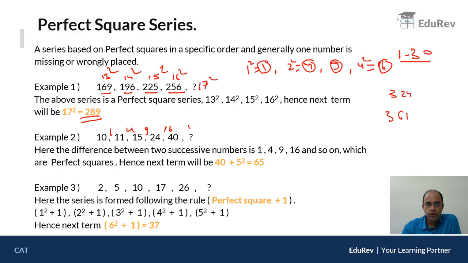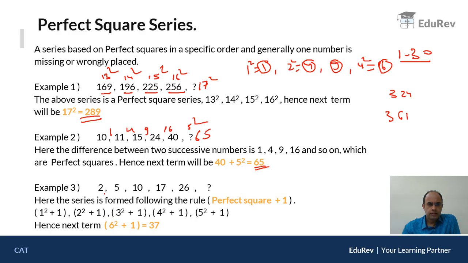The next difference should be 5 square, so 25. 40 plus 25 should be 65. Hence 40 plus 5 square is 65. Therefore, the question mark should be 65. Fine, guys? It's a matter of practice. The moment we practice a few questions, all of you will start understanding what the next number would be.